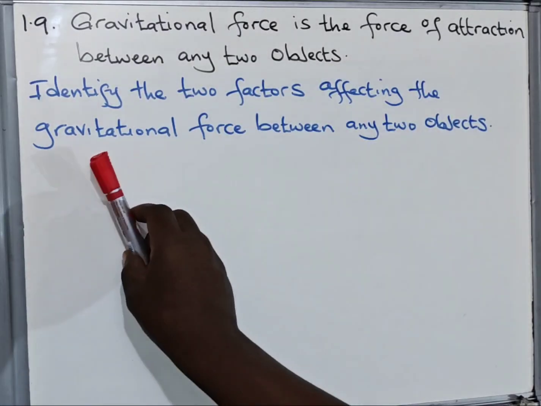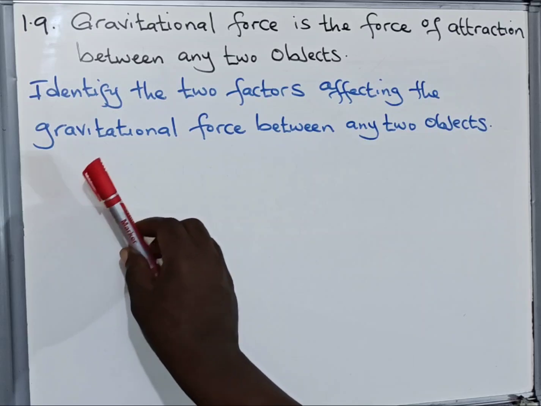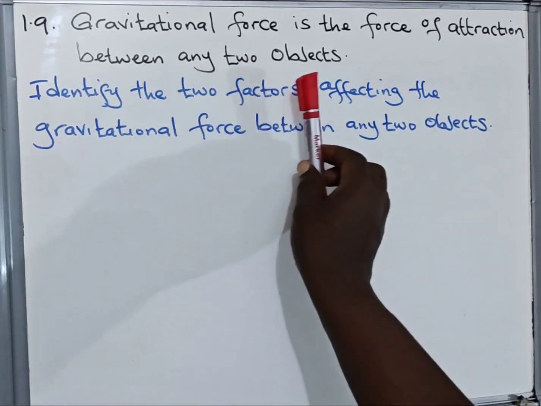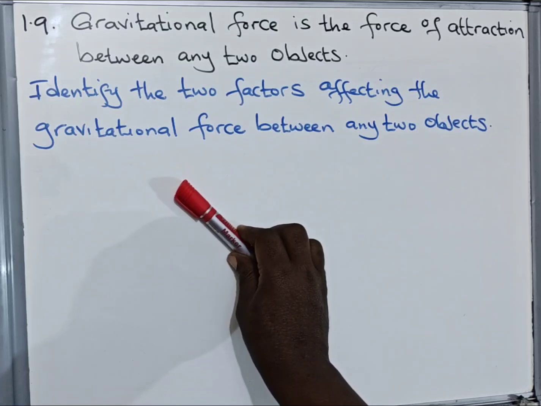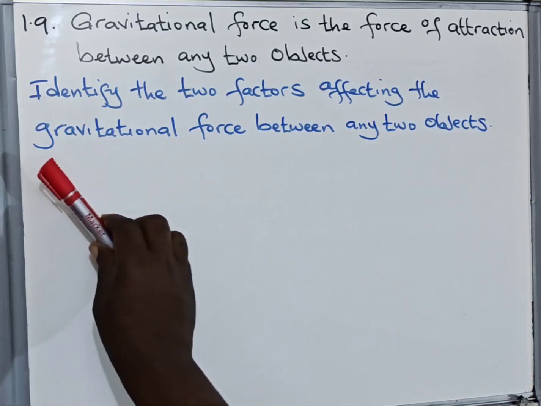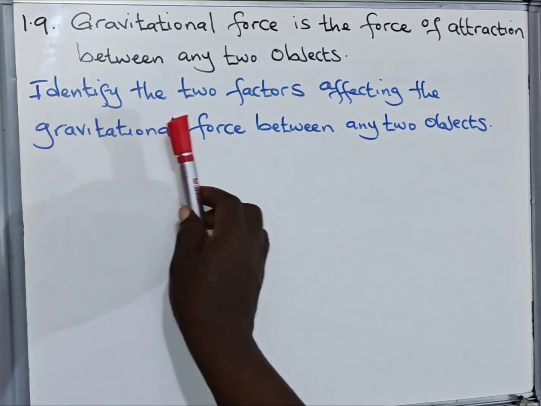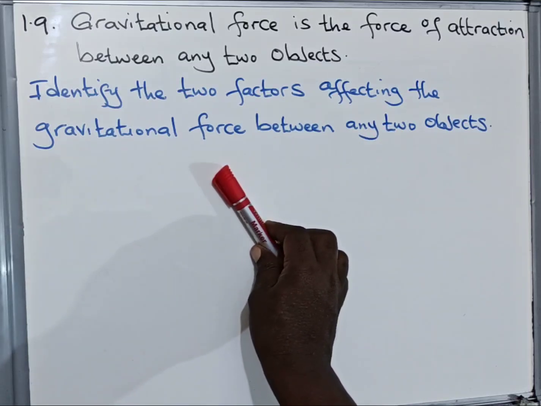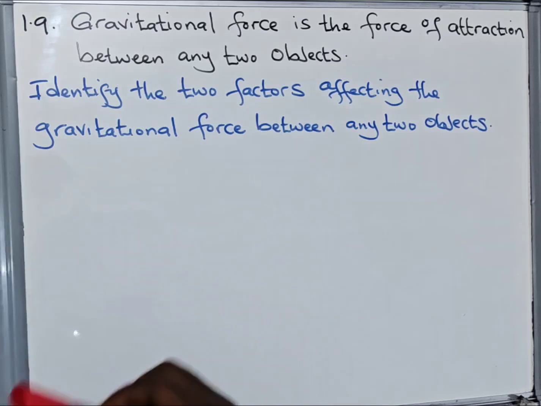Then we come to this question. It says that gravitational force is the force of attraction between any 2 objects. Then the statement says, identify the 2 factors affecting the gravitational force between any 2 objects.